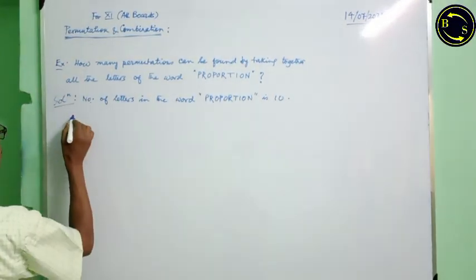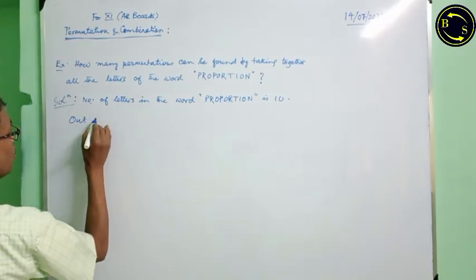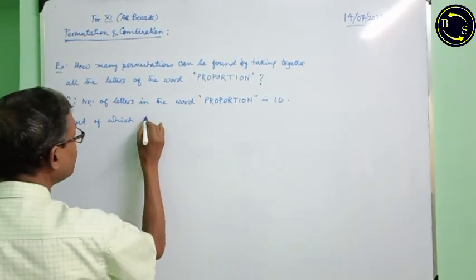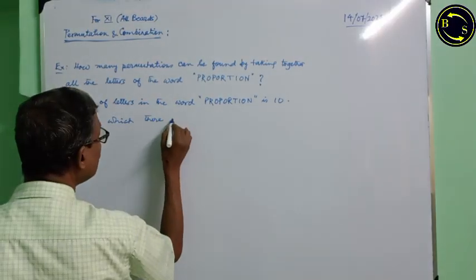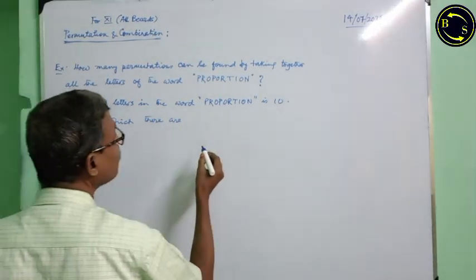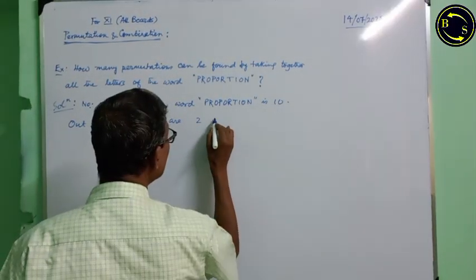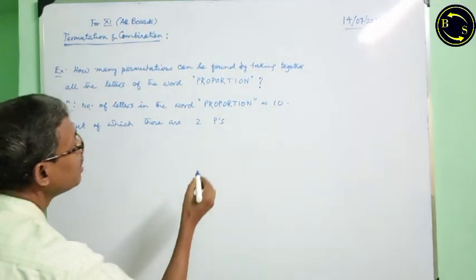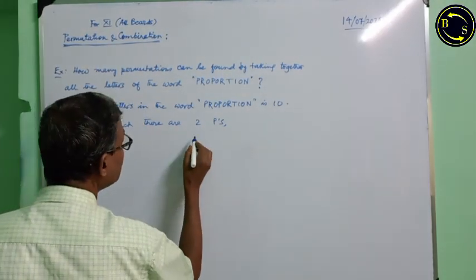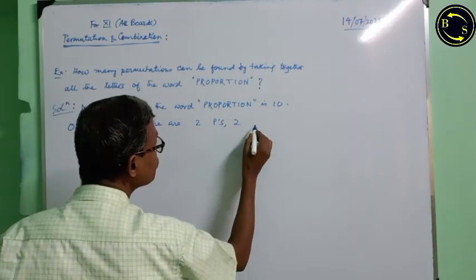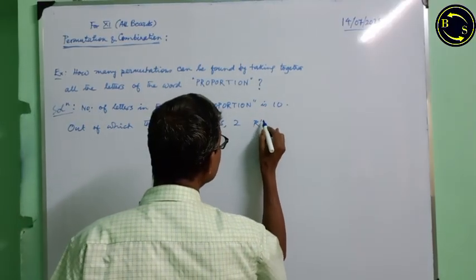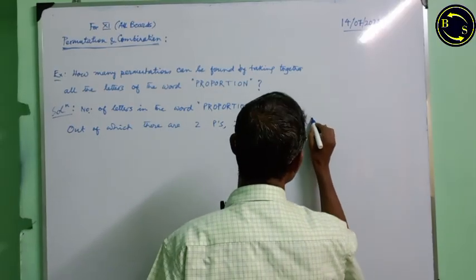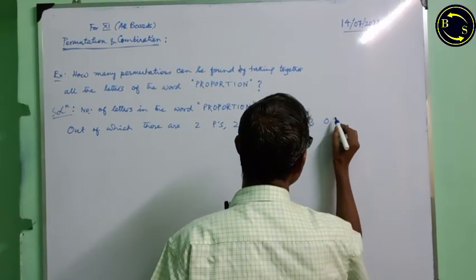Out of which there are two P's, two R's and three O's.